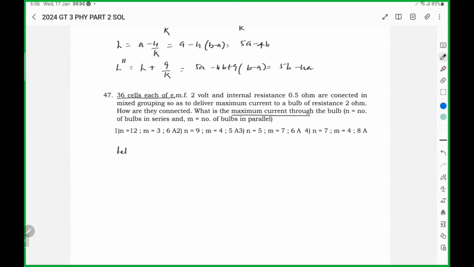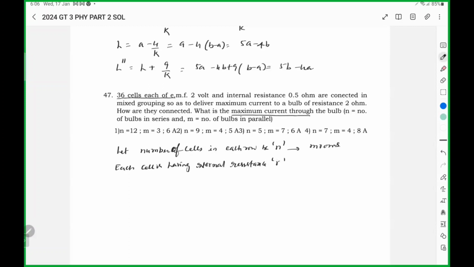Let the number of cells in each row be n, and like that there are m rows. Each cell has an internal resistance, denote it with small r.